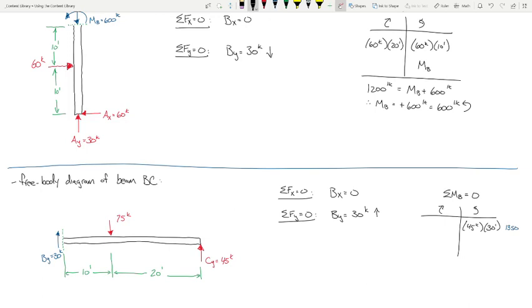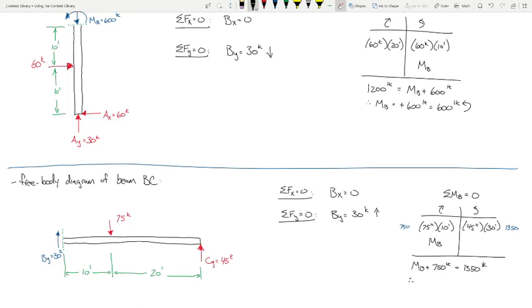And then 75 times 10. I can do that one in my head. That's 750. So I'm going to need a little bit more moment on the left side. We're going to call this MB. So MB plus 750 is 1350 foot kips.